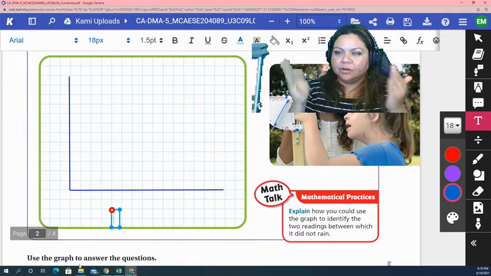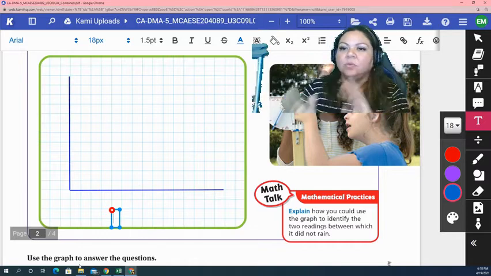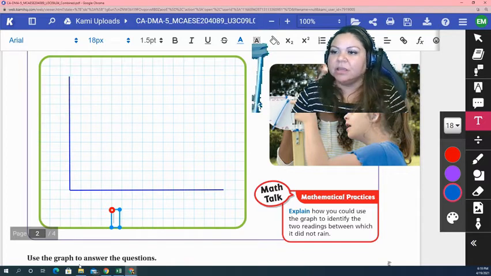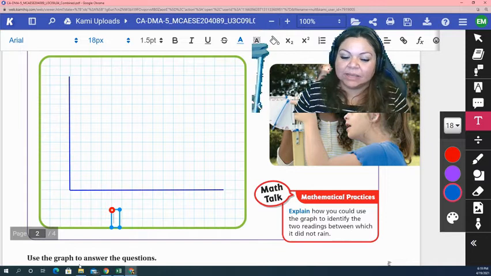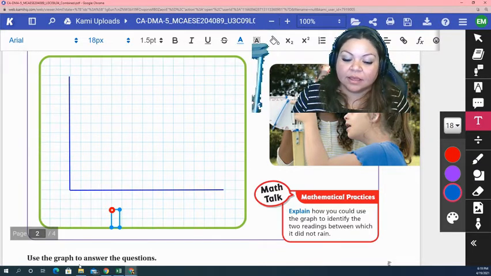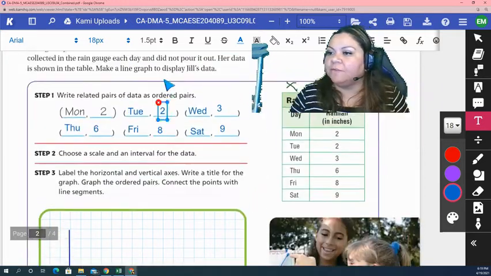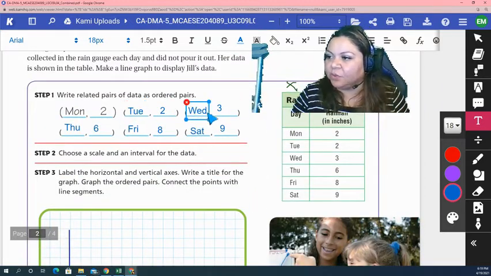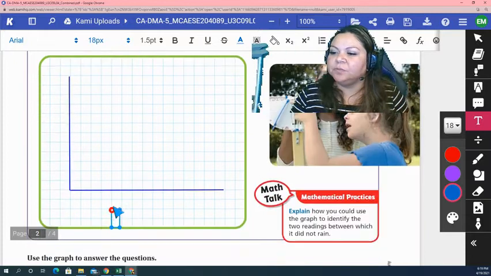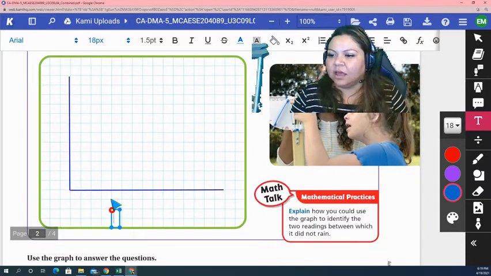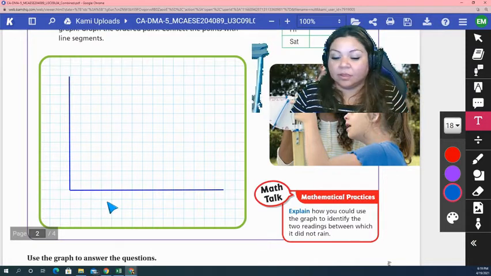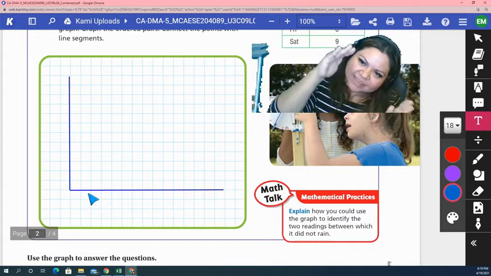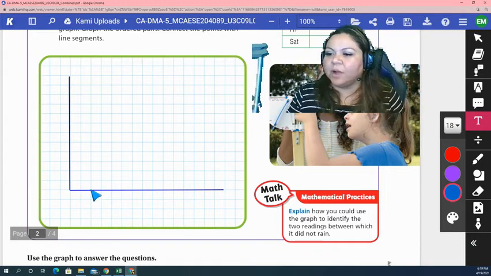How you decide what is X or what is Y really doesn't affect it much. But because the first information here is actually days of the week, I'm going to choose to put it on the X axis. That way, you don't have to read sideways. So that's a reason why I'm going to do that.